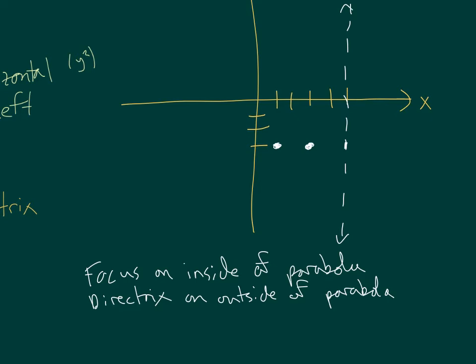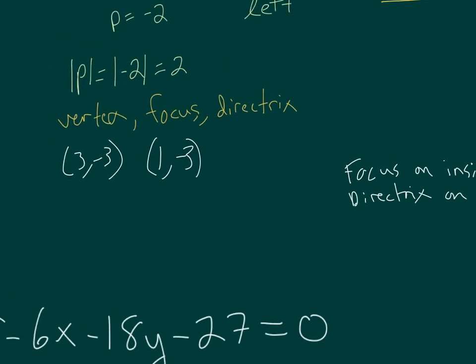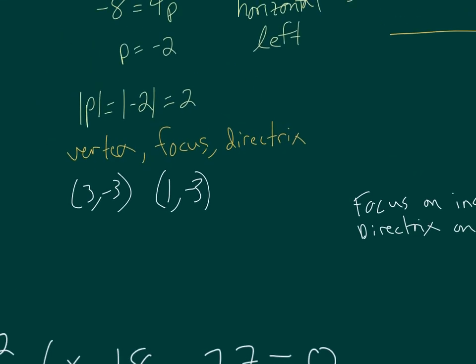The equation of this vertical line is x equals 5, so I can write that over here. And the last thing that your paper also requires is the axis of symmetry.